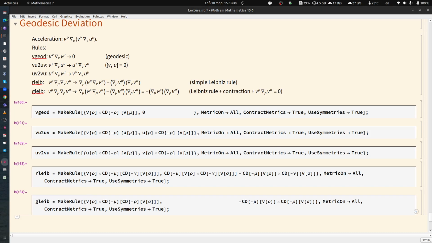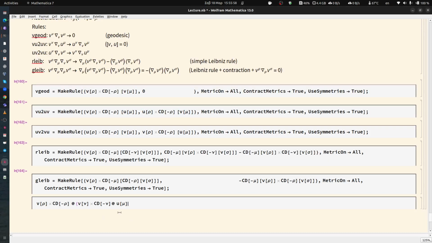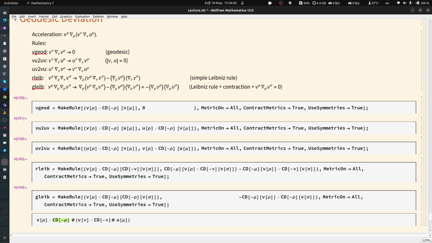So let's start by writing down the acceleration. So that is V d of V dU.